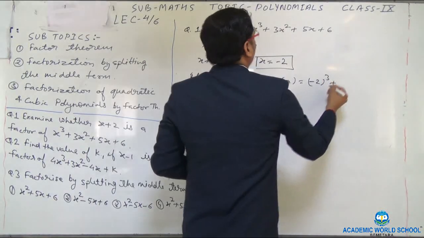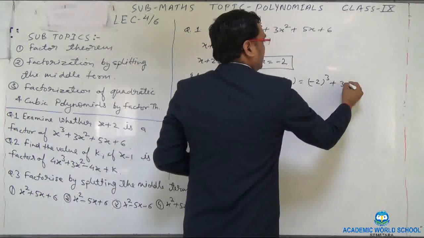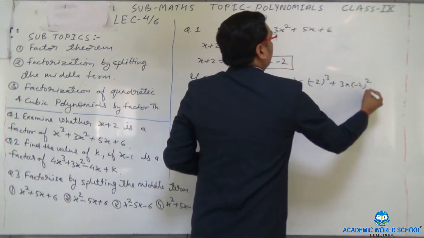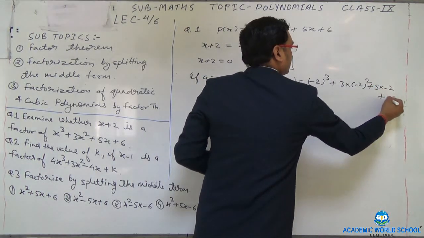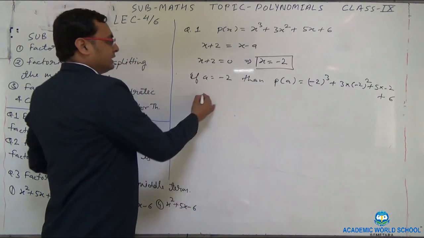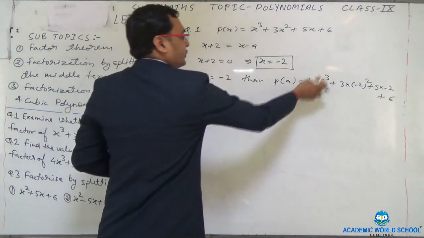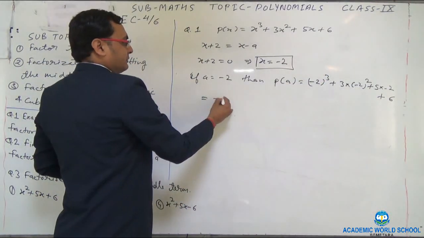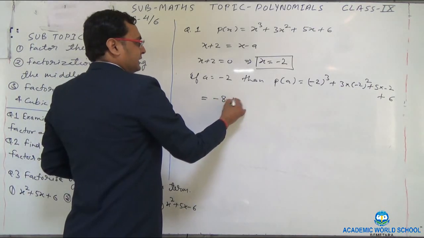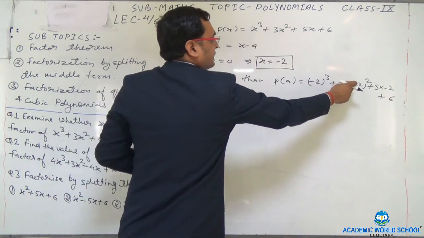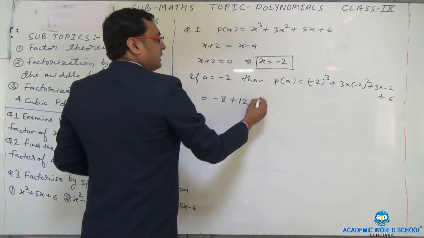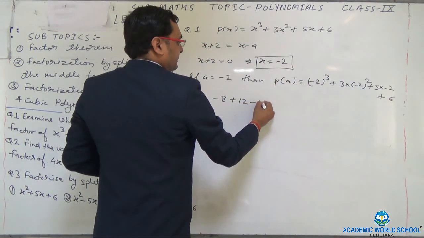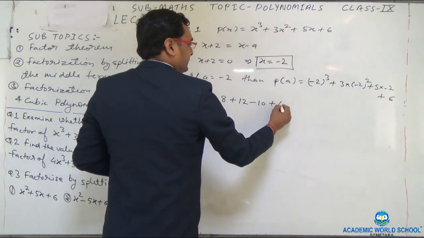cube plus 3 into minus 2 square plus 5 into minus 2 plus 6. Solve this. Minus 2 cube is minus 8, plus minus 2 square is plus 4 into 3 is 12, 5 into minus 2 is minus 10 and plus 6.